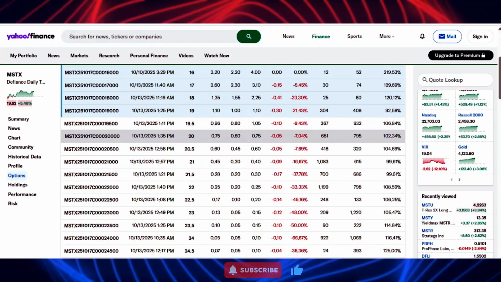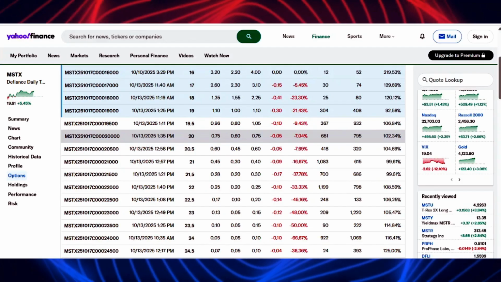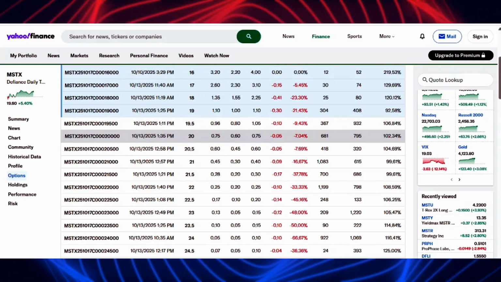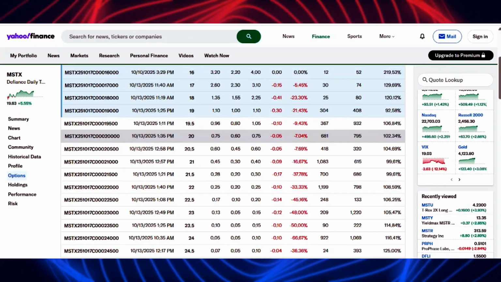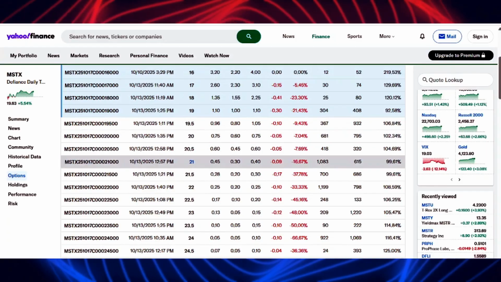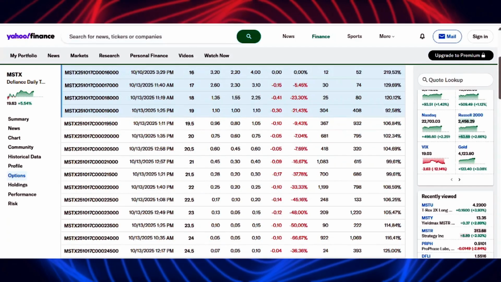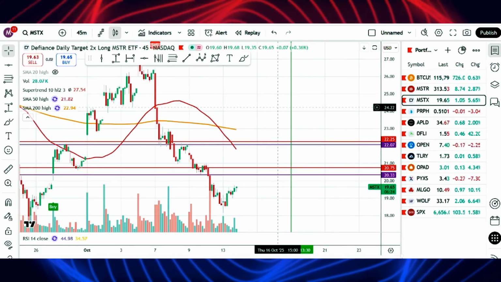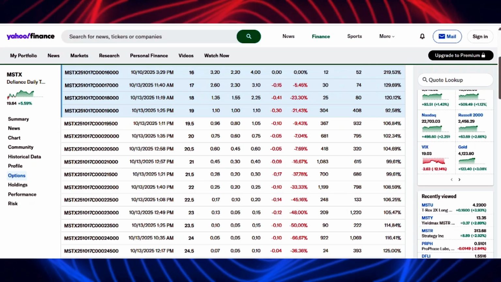Statistically, they're more likely to make money and they're getting a premium for selling that contract, because time is working in their favor. Whereas when you're buying options, time is working against you. As time goes on, your options become less and less valuable.